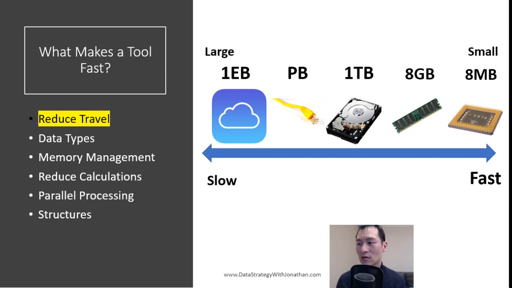Okay, so let's talk about reducing travel. Inside your computer, you've got all these bits and pieces, right? You've got a CPU, and these things work very, very fast. Then you've got your RAM or memory, which is not as fast as a CPU, but it's got more storage. So up the top here, we have storage capacity, and down the bottom here, we have speed.